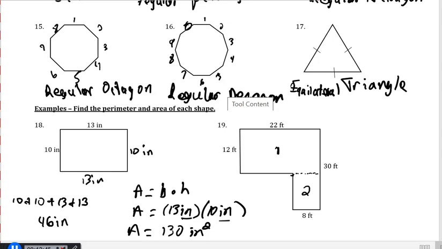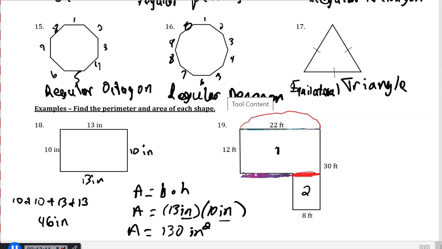So if we look up here, let me change colors, this full length here is 22 feet. Now if I look down here, this segment here, let's do blue, and this segment here, purple I guess, should add up to be 22 feet, all right? Because it has to be the same as the one up here.